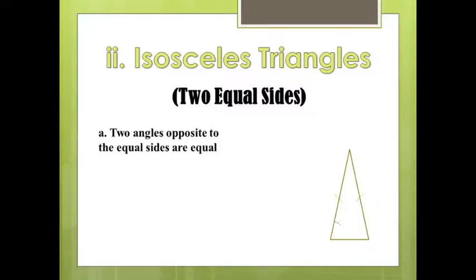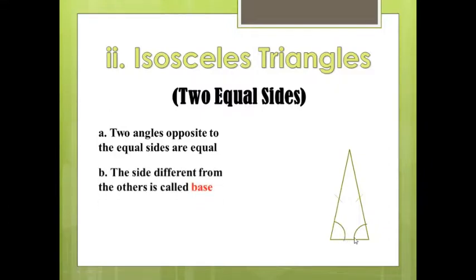That is, this angle opposite to this side and this angle opposite to this side are equal to each other. If the sides are equal, it means the angles opposite to them are equal to each other. Then the unequal side, different from the others, is called the base. For this triangle, the base is here.